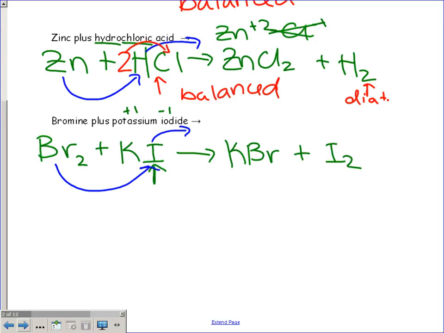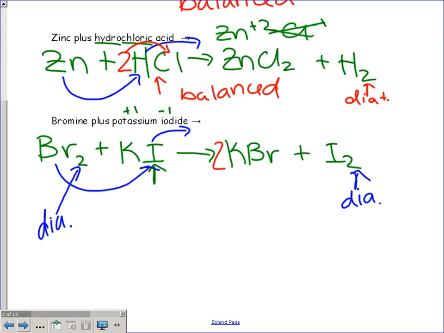Why does I have a 2 subscript? Well, that's because it's diatomic. Same reason that bromine has a 2 here. They're both diatomic molecules. So now I can balance. I have 2 Brs on my reactant side. I'm going to put a 2 in front of KBr to balance my Brs.